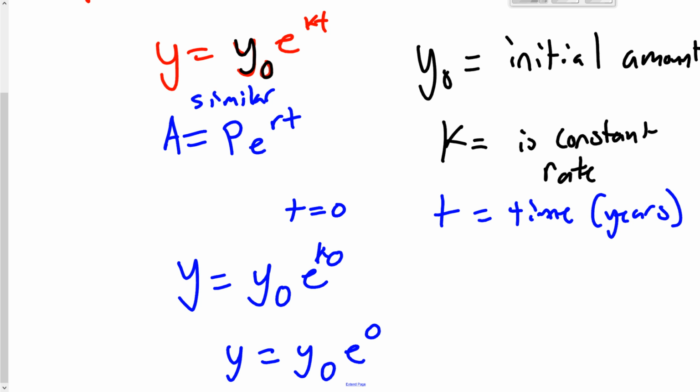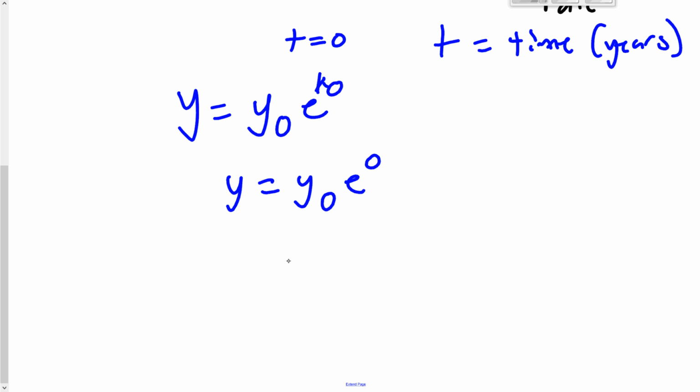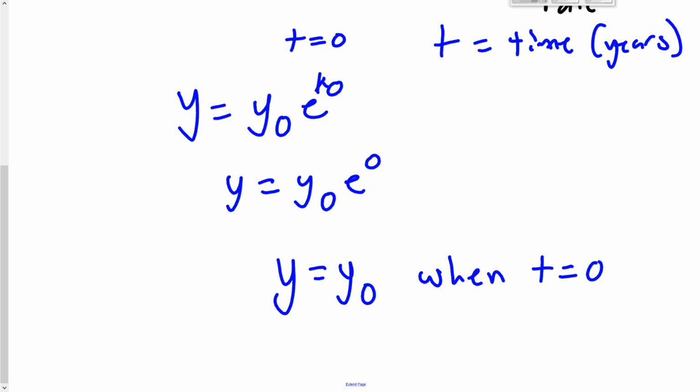And what's e to the 0? Isn't that 1? So this would be just y sub 0. So y equals y sub 0 when t equals 0. That's why it's the initial amount. This is the initial time, 0, and I get my initial amount.